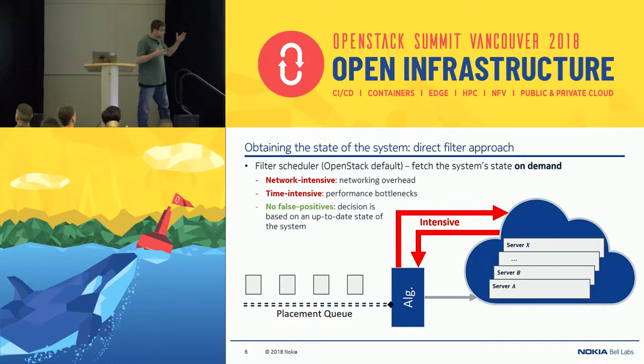There are reports; we found several forums that discuss this issue, both in OpenStack and in Kubernetes, and there are many issues with scaling this query step. On the better side, at least this process has no false positives. False positive is relevant to the other solution that OpenStack has, which is the caching scheduler. In a second, I'll jump into it. So obviously, we have problems scaling this process.